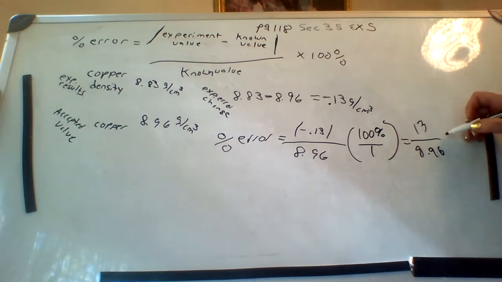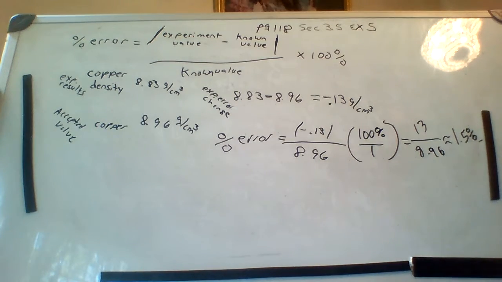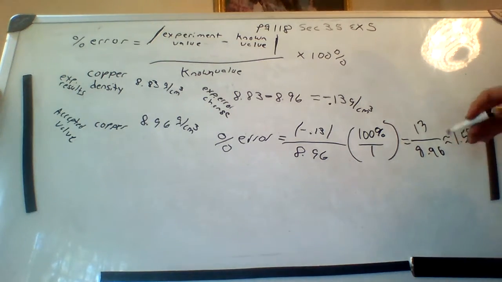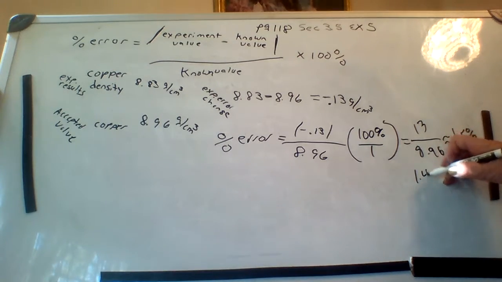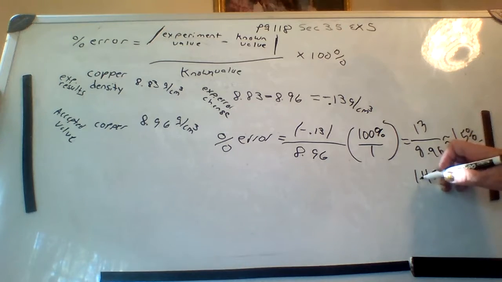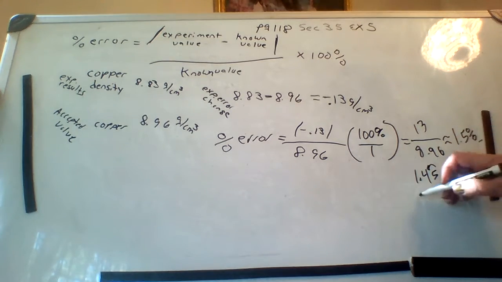Go ahead and get an approximation on your calculator, and you get 1.5, and then add your percent. So it was a 1.5% error. Well, actually, if you divide this out, you would get something like 1.50 on your calculator, and they just rounded.